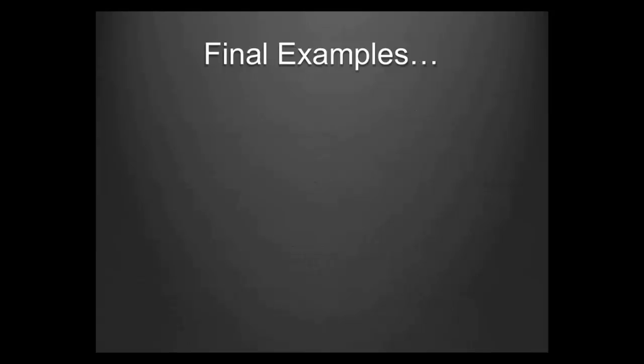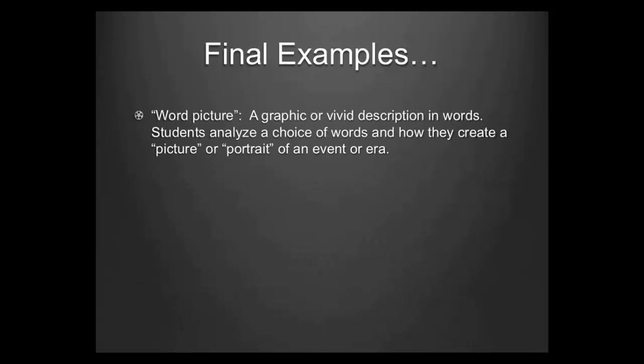A word picture is a graphic or vivid description in words. How do the words paint a picture in your mind of what exactly the author is trying to tell you about this particular event, this particular era? Unless you have read the book, you probably haven't read, for example, how Joy Hakim describes the Kennedy assassination.